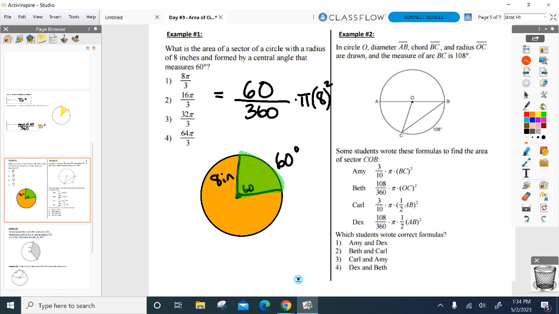Take a look at those multiple choices before I hit my calculator. Anybody notice anything about them? They're in terms of pi. So when you're calculating your answer, let's not hit the pi button on the calculator. Let's leave the pi in our answer and calculate 60 over 360 times 64, leaving our answer in terms of pi.